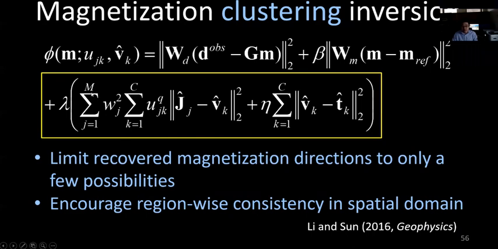Here we have this third term, which is just from the fuzzy c-means clustering, and this fourth term is just a measure of the difference between the recovered direction and the target directions. The purpose of these two clustering terms is to limit the recovered magnetizing directions to only a few possibilities. Remember, this is the assumption we made, and this is something we set out to achieve. And we also want to encourage region-wise consistency in the spatial domain.